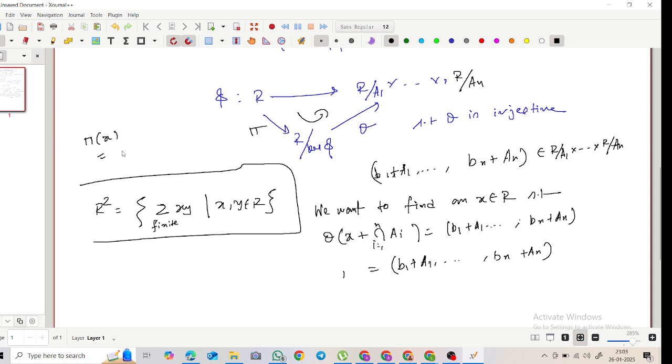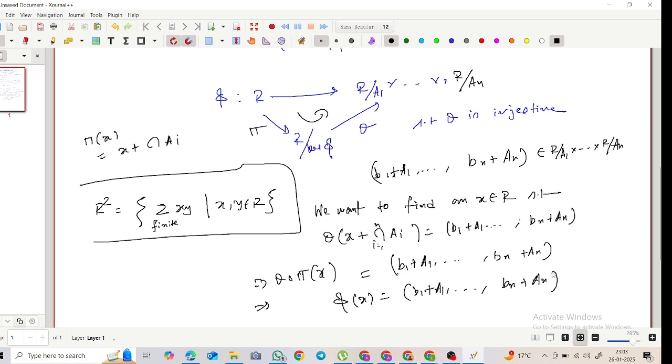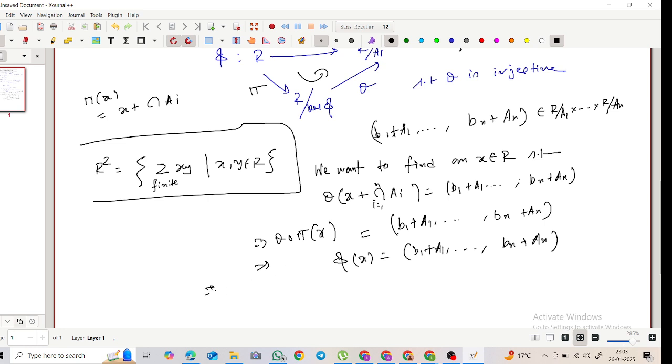Pi of x is just the canonical map. So this theta is nothing but theta composed with pi of x, and theta compose pi is phi by the commutativity of the above triangle. So phi of x is this. What is phi of x? That is this, right?